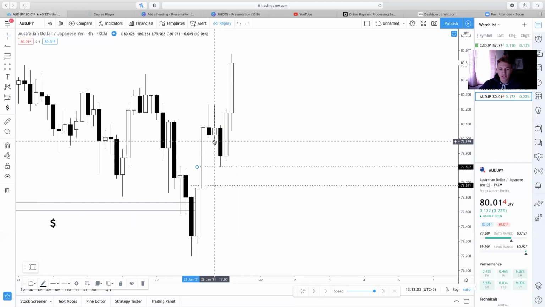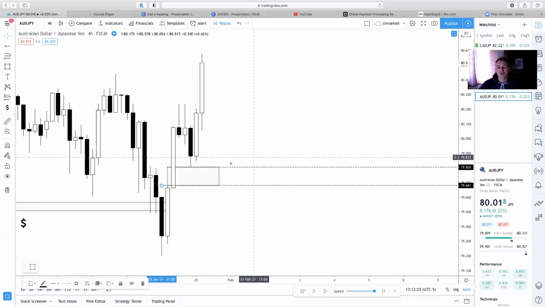This wick right here, sellers pushed the market all the way back down to here. But you guys can see we have a gap between this wick and this wick, right? Sellers were in here and sellers were in here, which means in this area from this line to this line, we still have an area in the market where there were only buyers present.